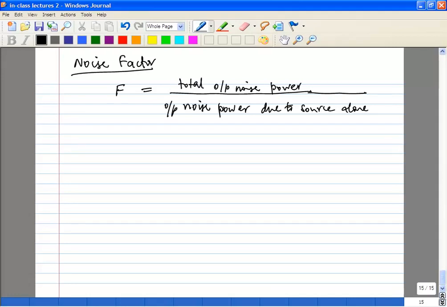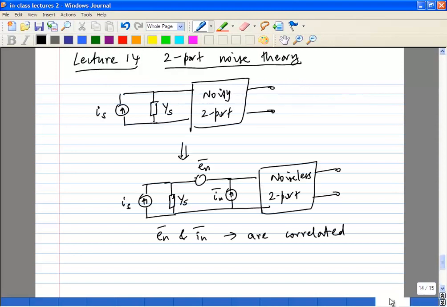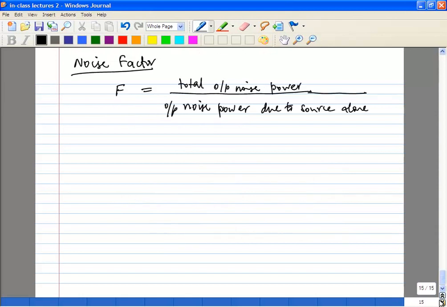So the total output noise power is due to noise in Is, noise in In, noise in En. The denominator neglects En and In and considers the noise at the output only due to Is. Is that clear to everybody? So in some sense you are trying to measure the degradation in SNR.